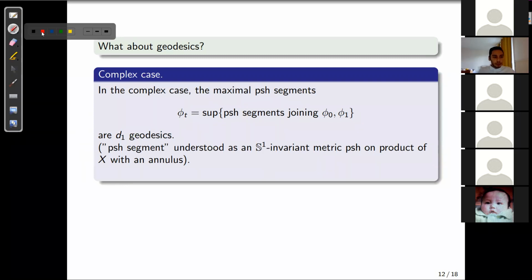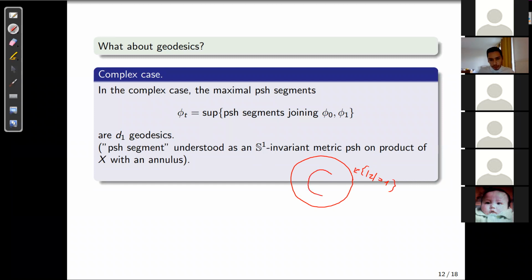So if we draw a picture, very roughly, this is S^1. We can take a small annulus within. It's not very balanced, but let's just pretend like it is. This is |z| equals, I believe, 1/e.